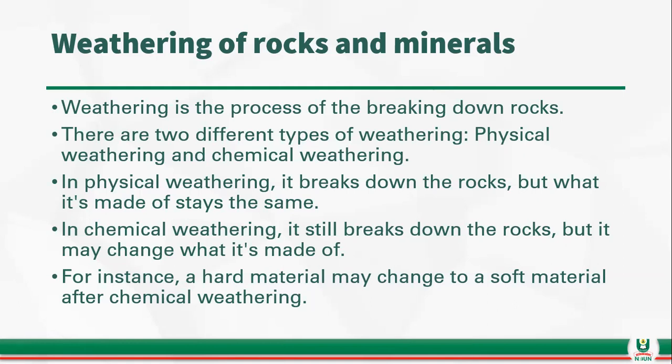However, when it is chemical weathering, it is still breaking down of rocks, but there may be changes in terms of the makeup of these rocks. For instance, a hard material may change to a soft material after chemical weathering.